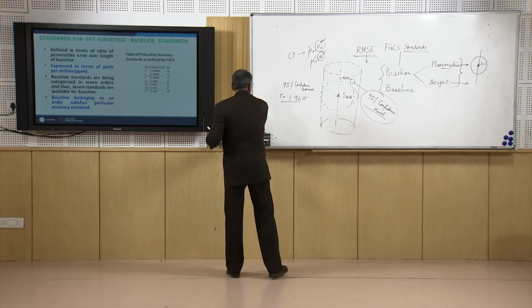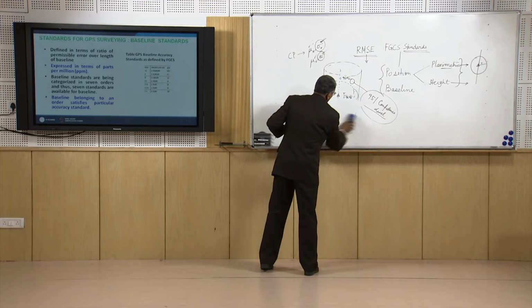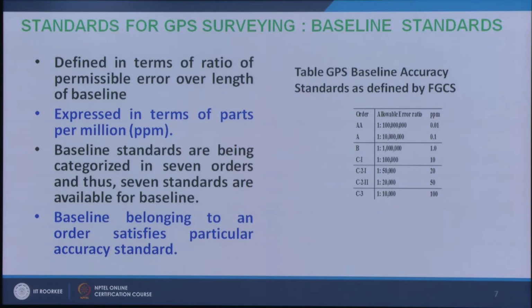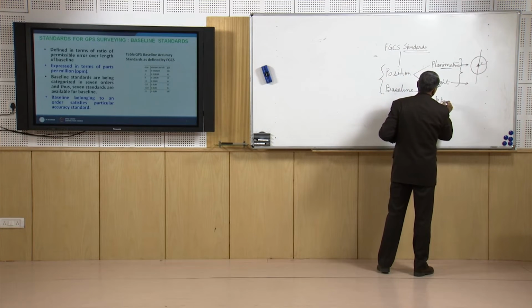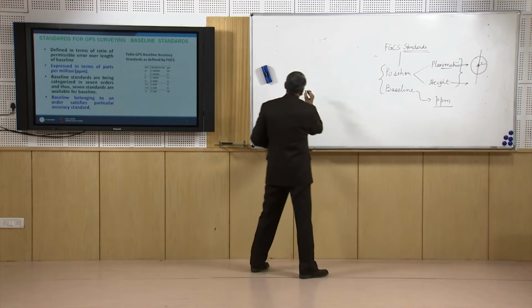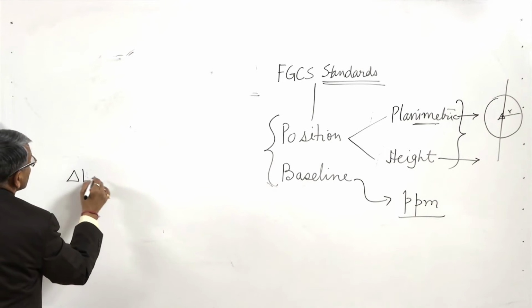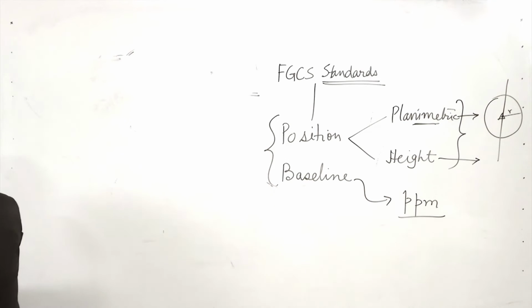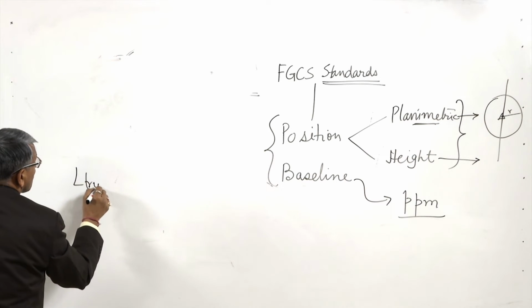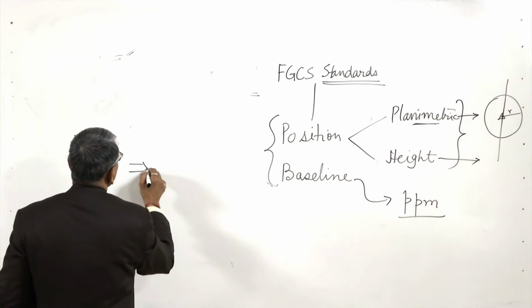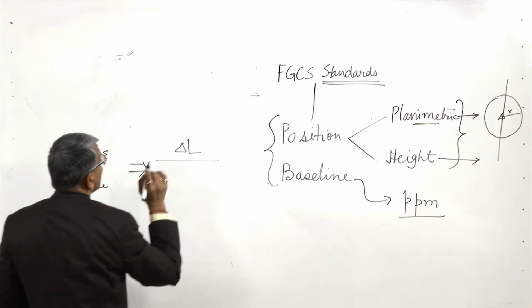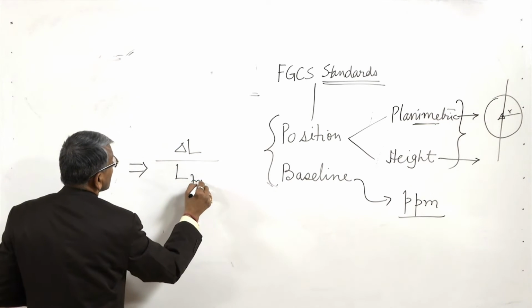In case of baseline, the standard is defined in some other way, using parts per million. So if we have a true length of a baseline, and the observed length, from there we can derive the error in length divided by the true length.